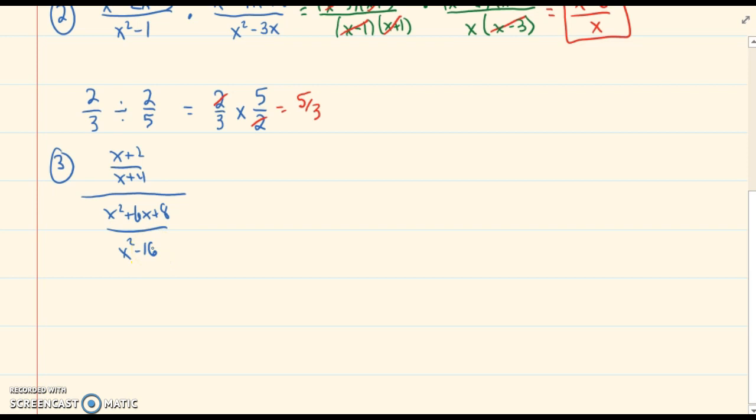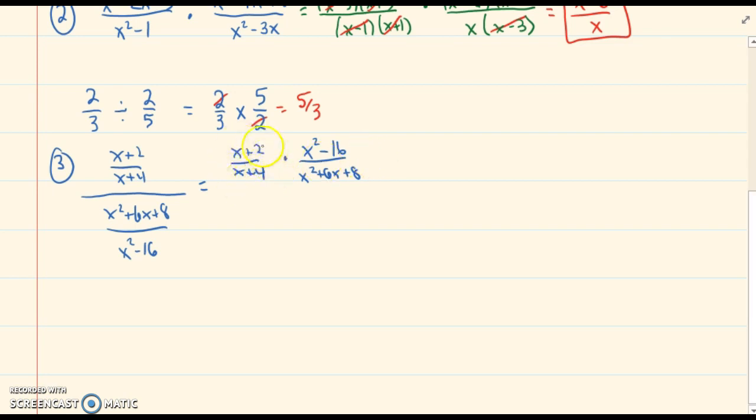But that indicates to us that it's a division problem. So what we're going to do is rewrite this as a multiplication problem. x plus 2 over x plus 4, so I've left that numerator alone, times x squared minus 16 over x squared plus 6x plus 8. So I'm taking that second fraction and turning it into a multiplication by flipping it, finding the reciprocal.